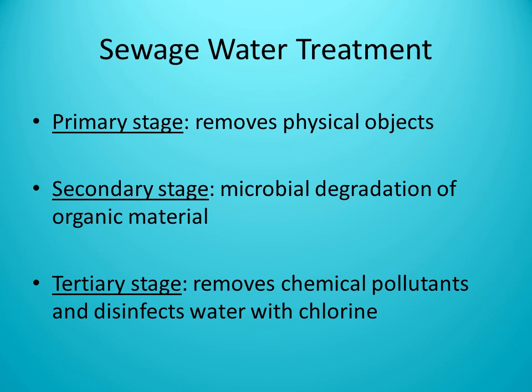Sewage water treatment facilities for large towns, cities, etc. So I'm not talking about private homes. If it's on a municipal system, there's usually 3 stages: a primary stage, secondary stage, and tertiary stage. Primary stage involves just removing any physical objects that come through the drainage systems.